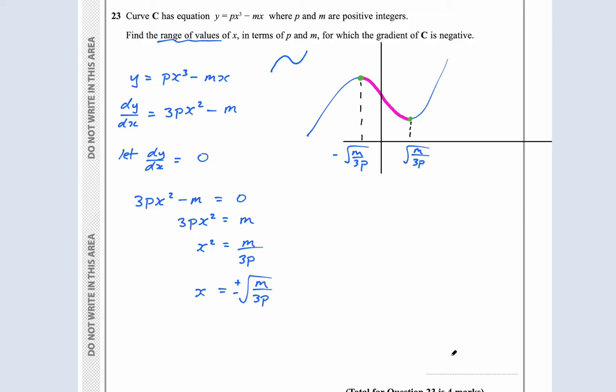So x has to be bigger than negative root m over 3p, and less than root m over 3p. Okay, so that's it. It can't be equal because the gradient isn't negative when they're equal. The gradient is actually 0. Okay, that's question 23.